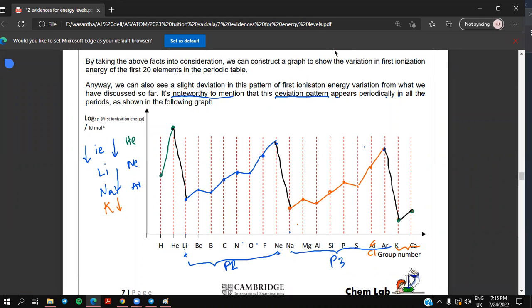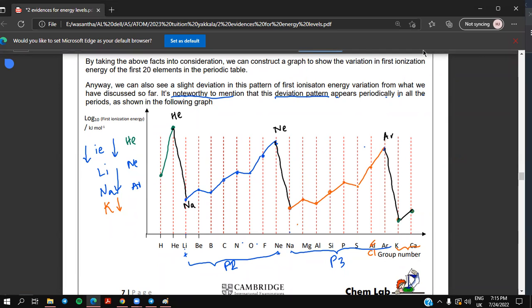In the meantime, I will show up here helium. This is neon. This is argon. And down here, even though everything is shown on the x-axis for better understanding, I'll write lithium here, sorry, lithium comes first.